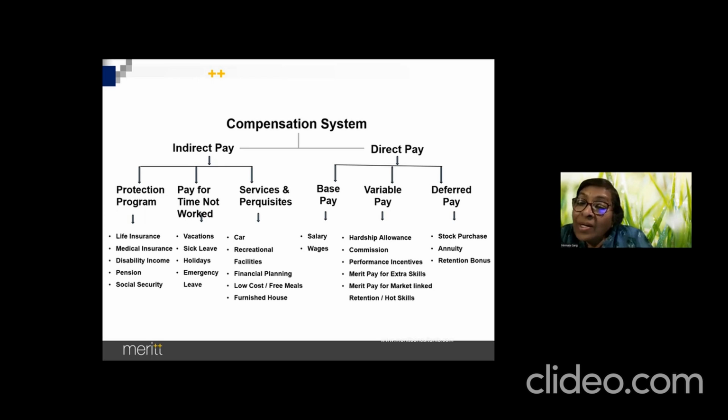What are annuity plans? Annuity plans are pension plans. When you're designing your compensation, we have to know the elements.